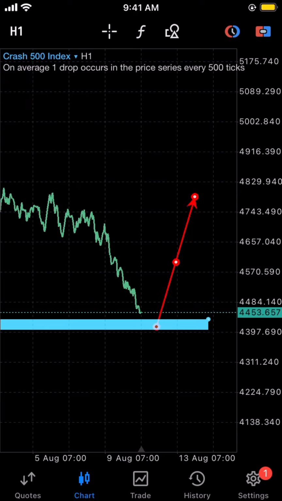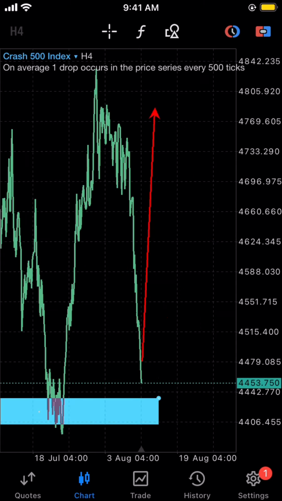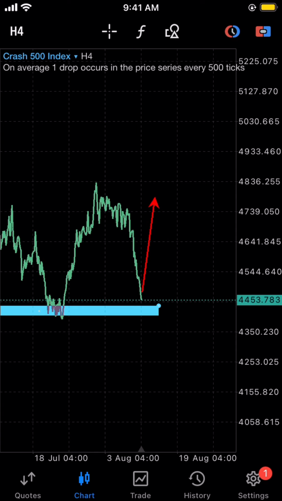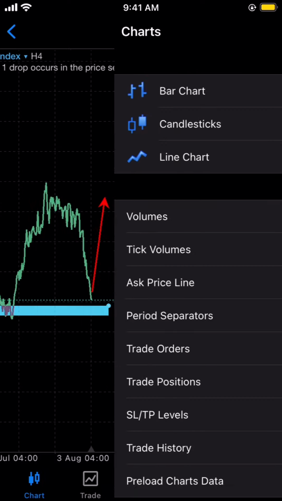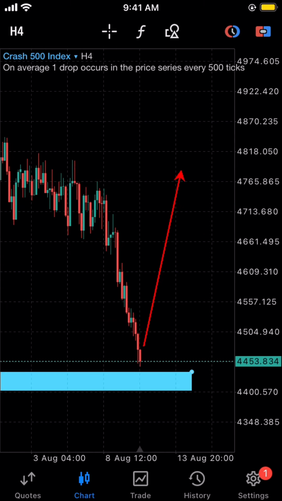So we are going to see that together, maybe tomorrow or after a few hours. If there is any update, I'll come back and share it with you. So we can go back to the 4-hour time frame and change our chart to candlestick, and wait for the market to give us a signal over there.